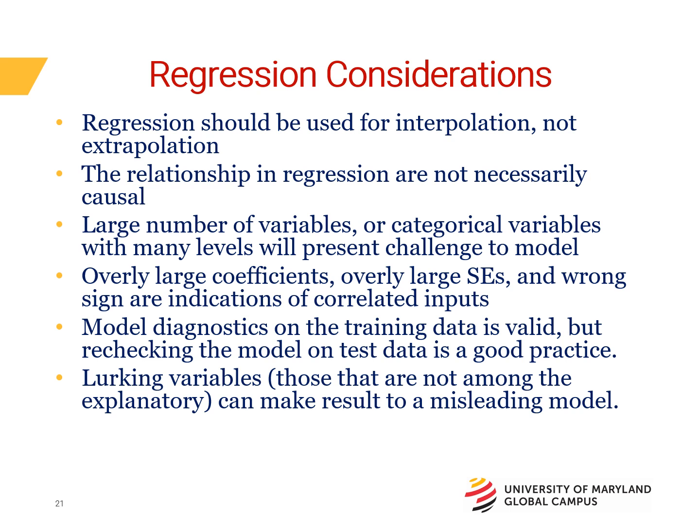Also, overly large coefficients, if the beta values are overly large, and also large standard errors, and wrong signs of the estimated parameters, those are indications of correlated inputs. That means the predictors are correlated.